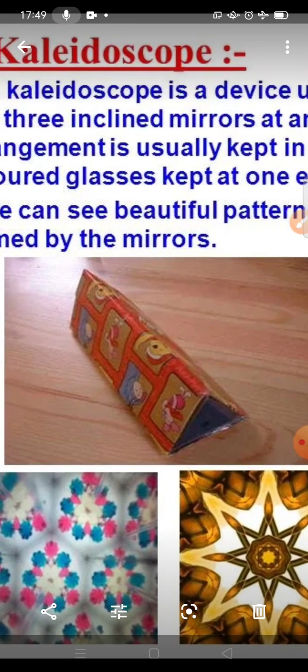The three plane mirrors are stuck together with tape so as to form a triangle shaped prism. And when the color beads are enclosed at the end of a cap made of transparent sheet and seen through the eyepiece at the other end, colorful patterns are seen due to the multiple reflection.